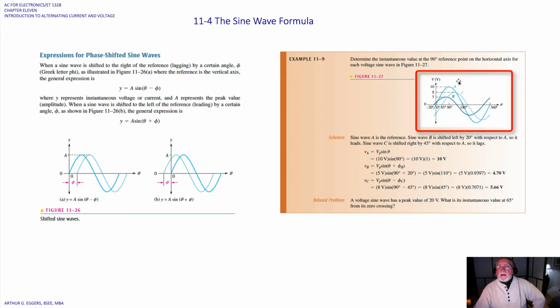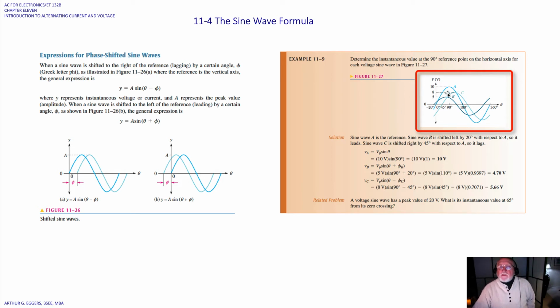A is crossing as we normally would see it, starting at the origin and crossing at 180 and 360. B has been moved to the left, sorry, B has been moved to the left by 20 degrees. C has been moved to the right by 45 degrees.